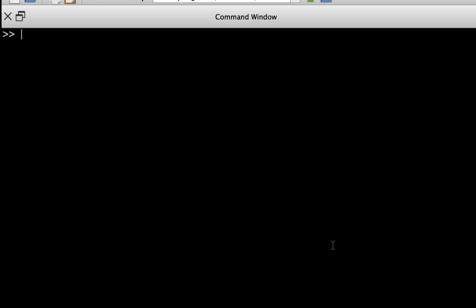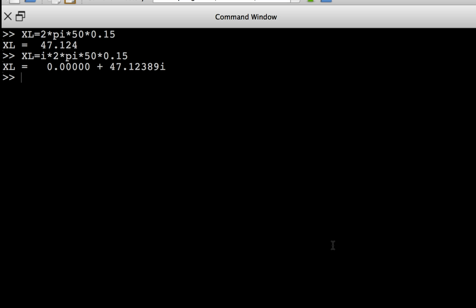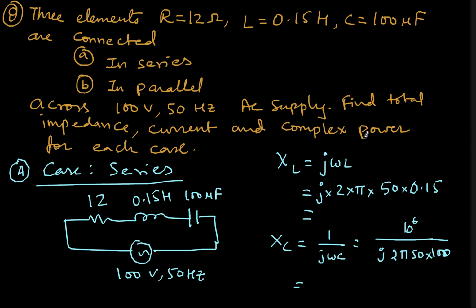So first is XL. So I'll write XL equal to 2 into pi into 50 into L. So the L is 0.15 henries. So I'm getting 47.12, and also note I should put j here. So j into this, so I get j 47.12. What about XC?